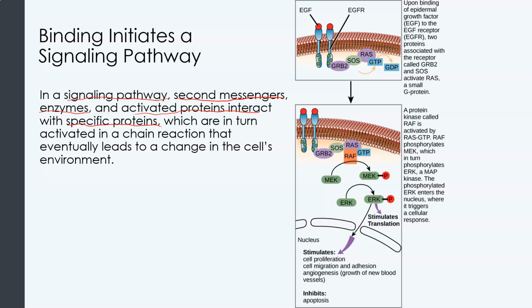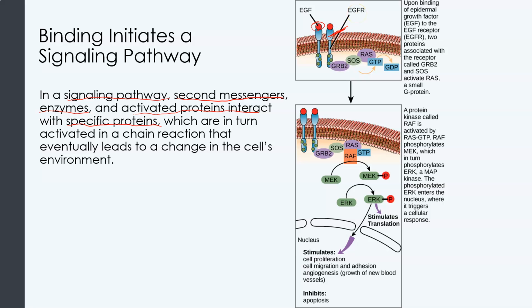So if we look at the figure at the top, upon the binding of epidermal growth factor or EGF, to the epidermal growth factor receptor. So here's growth factor, here's the receptor.